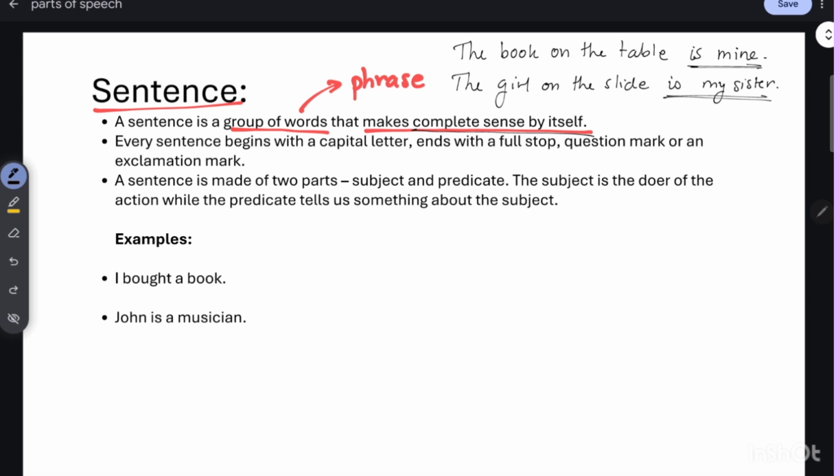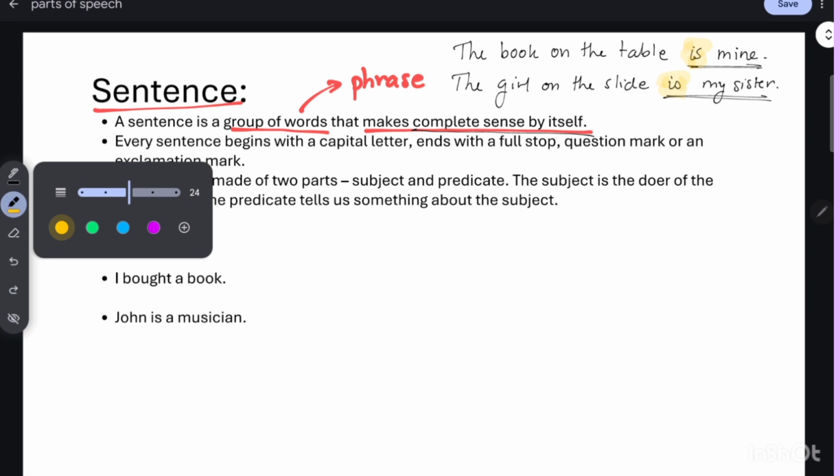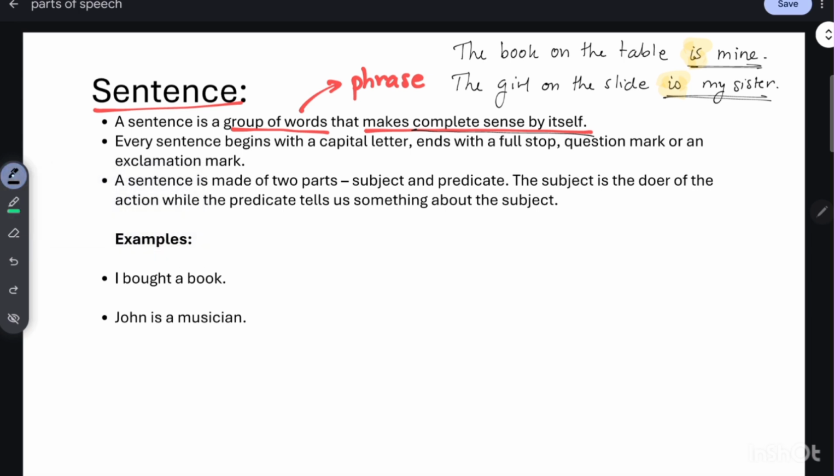So one of the components that will tell you if it is a complete sentence or not is the existence of a verb. Remember, every complete sentence needs to have a verb.